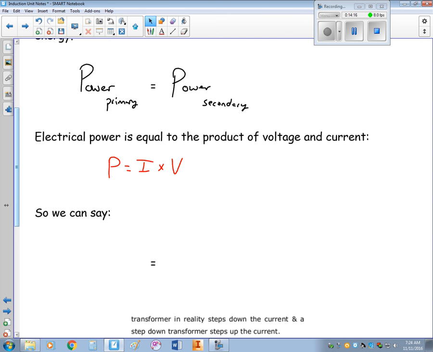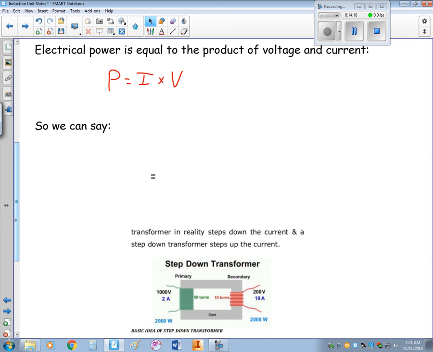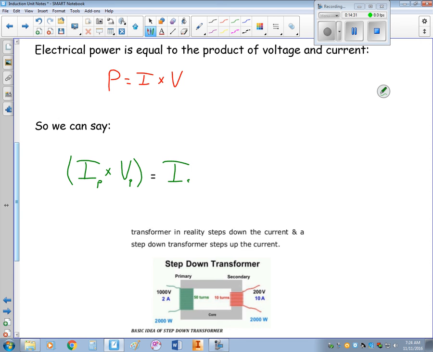So what we could say then is that the current on the primary side times the voltage on the primary side must equal the current on the secondary side times the voltage on the secondary side.